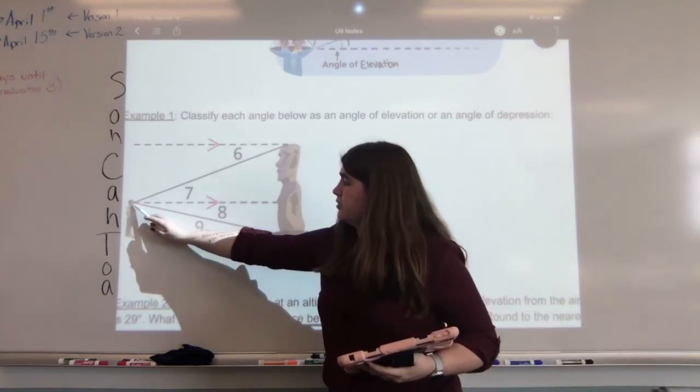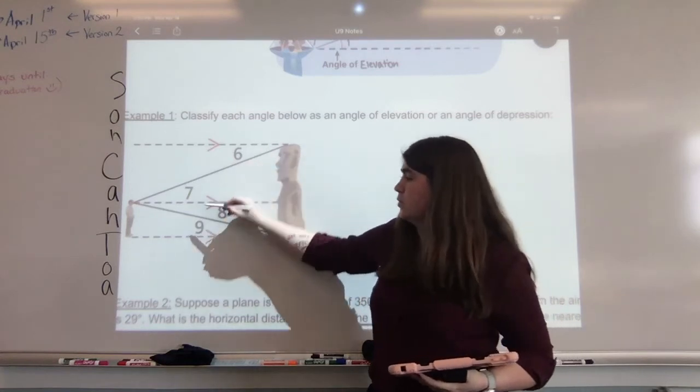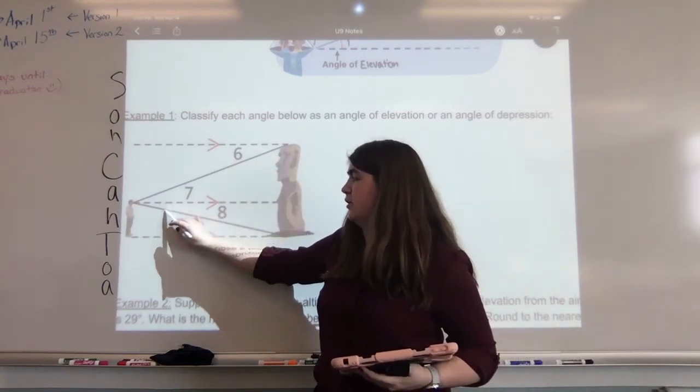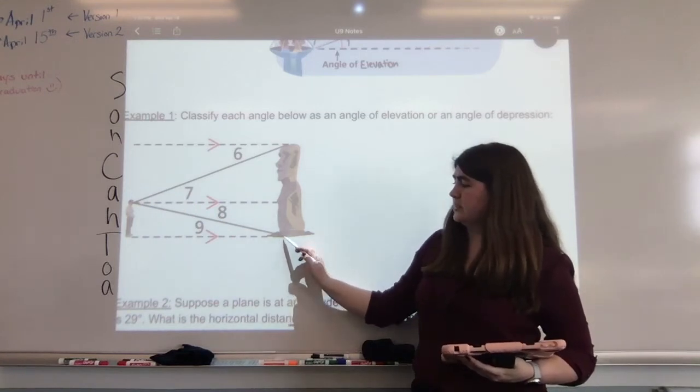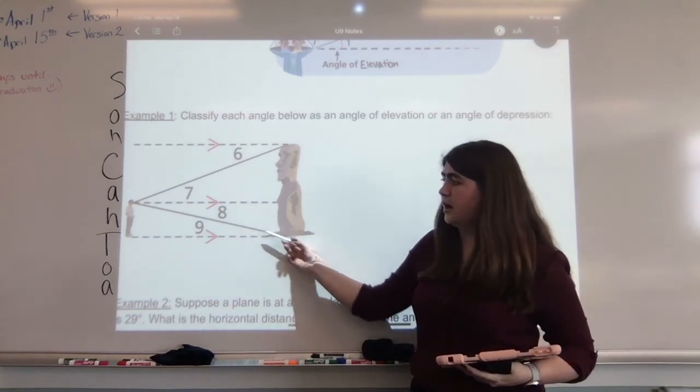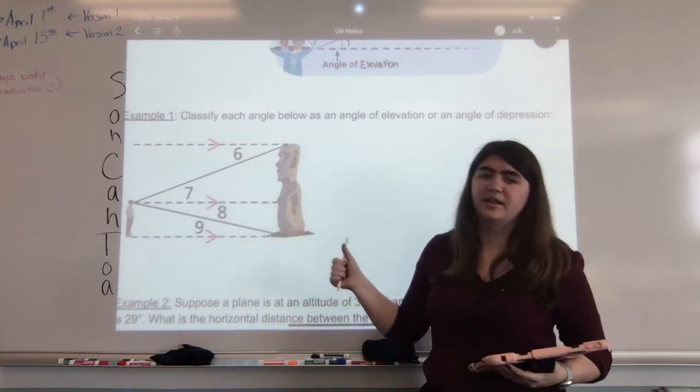So if this person is looking this way, for him, looking downward would be angle 8. That's referring to this angle here. Whereas over here, we're looking from here, looking up at this guy. This is angle 9 over here, so that is an angle of elevation.